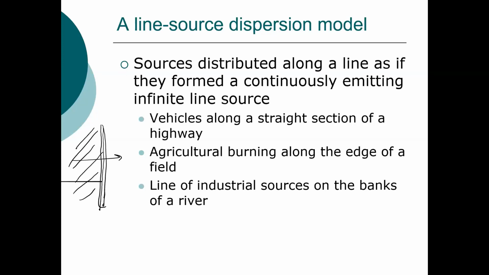We can do the same thing with a line of industrial sources on the banks of a river. Together, because we have multiple sources, we can describe that mathematically as a line.